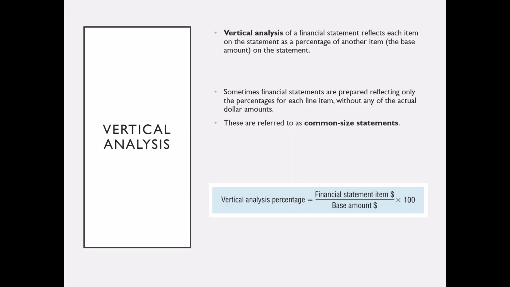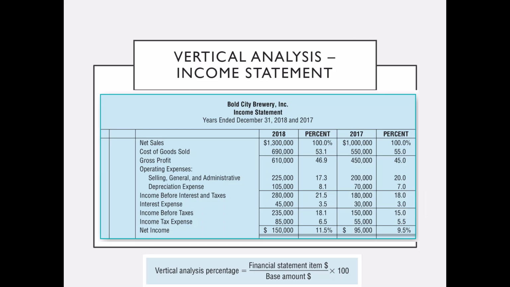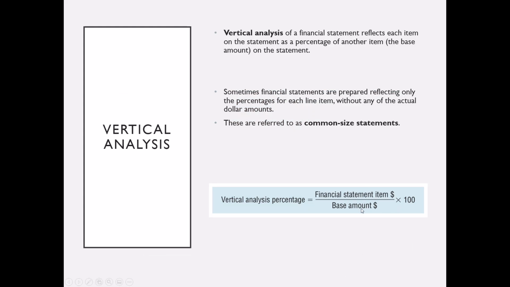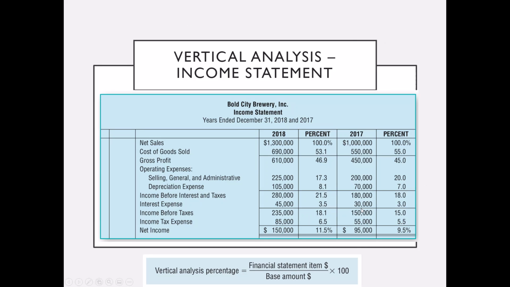So the first analysis we're going to do is what's called a vertical analysis. It's vertical because it uses one number as the base and compares the rest of the numbers to that base. You can see the formula down here, but I'm going to give you a specific example because I think that makes a lot of sense. When you're looking at the income statement, the base really is the net sales. So what you're looking at is a percentage of all of the other numbers as it relates to the net sales.